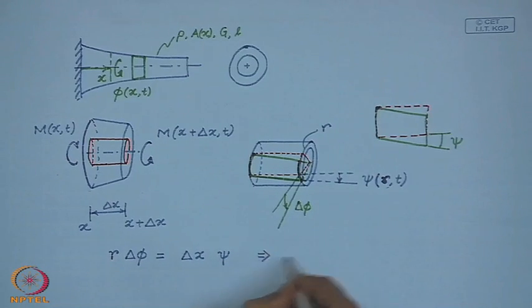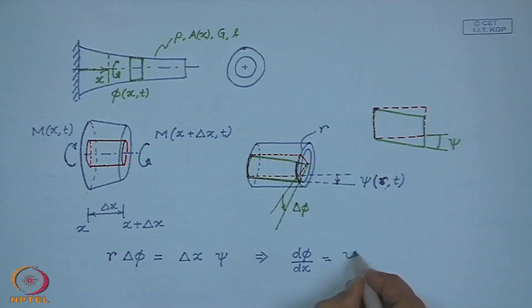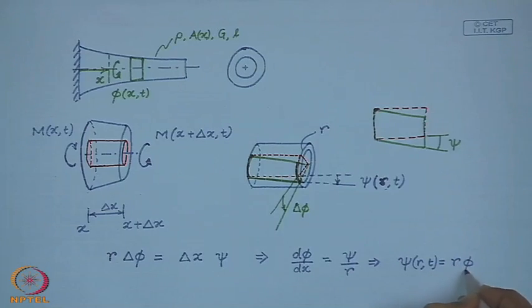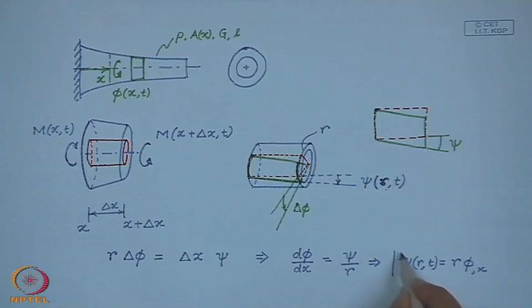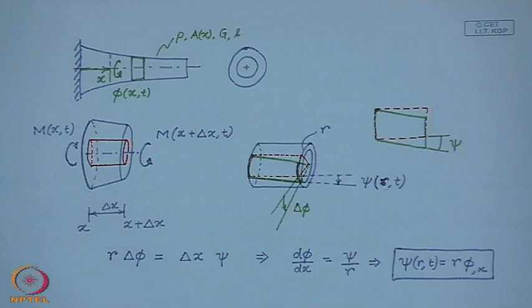That would imply, upon taking delta x tends to 0, the equation that we have obtained from the kinematics of this torsional deformation of the bar.